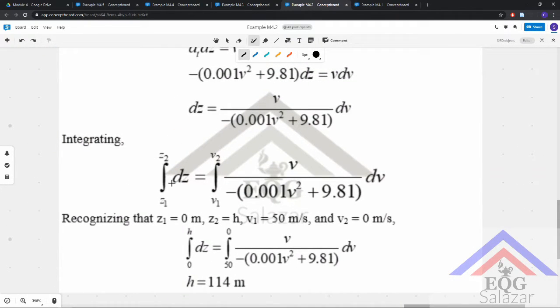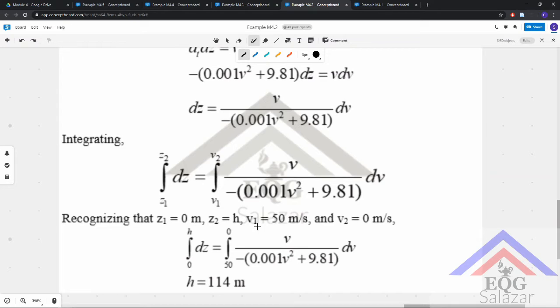On the left side we have dz integrated from z sub 1 to z sub 2, and on the right side we have v over negative 0.001 v squared plus 9.81 dv, integrated from v sub 1 to v sub 2, noting that z sub 1, or the initial position of z, is at 0, the final position of z is at h, or the maximum height.